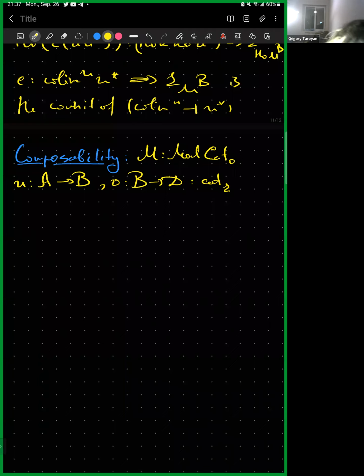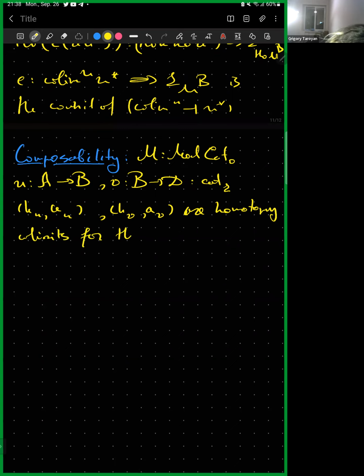And assume that Ku, Su, or Au, and Kv, Av are homotopy colimits for these functors.